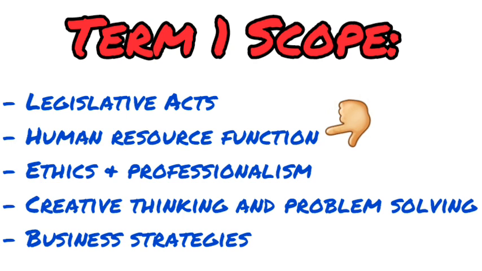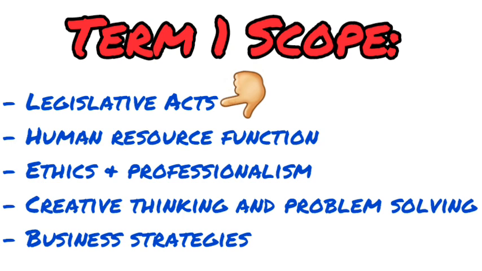Why? Because I do believe that in your term 1 question paper there will be a legislative acts question. In terms of essays, there will be an essay on legislative acts. What we cannot tell you is which one of those acts will be in that question.